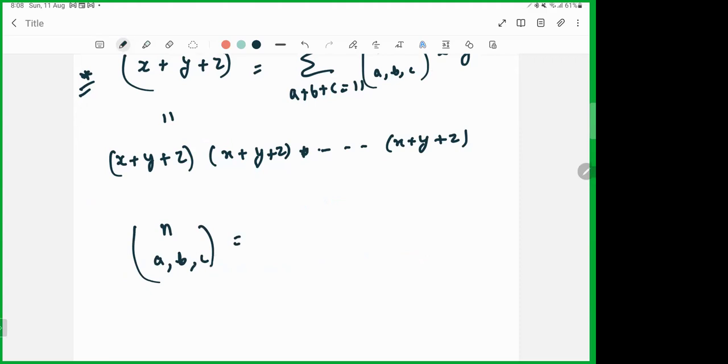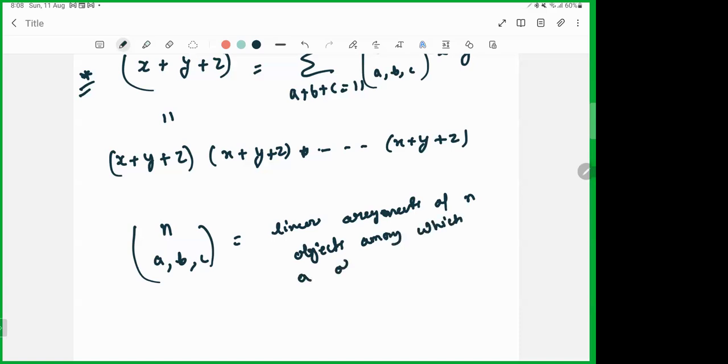This is the linear arrangement of n objects among which a are of type 1, b of type 2, c of type 3.